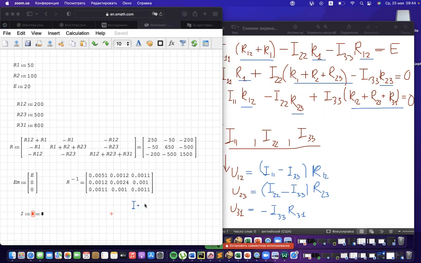Your current matrix multiplied on the matrix of resistors equals. Sorry. I see what I missed. Because I named my matrix EM, not just E, I was just multiplying on the coefficient, and that is why I was obtaining an incorrect value. I pointed it as EM matrix, and I just multiplied on the coefficient 20. EM multiplied on your reverse matrix.